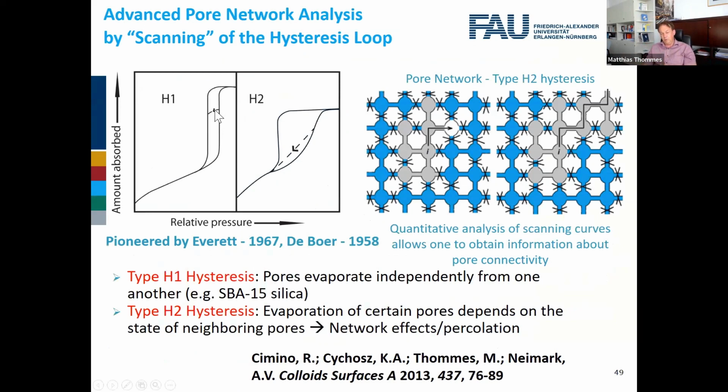Then you measure the adsorption hysteresis, and you see that this desorption scan hysteresis loop looks the same as the boundary curve. In this case, the mechanism of evaporation and condensation has not changed, whether you fill the particle completely or only to a certain extent.